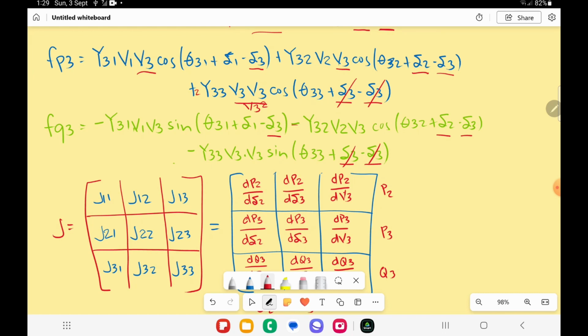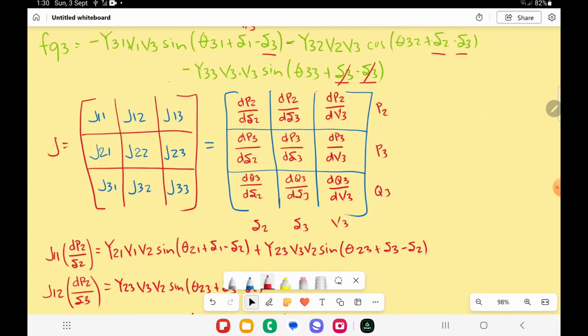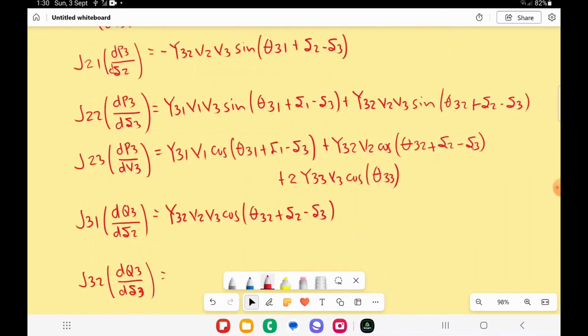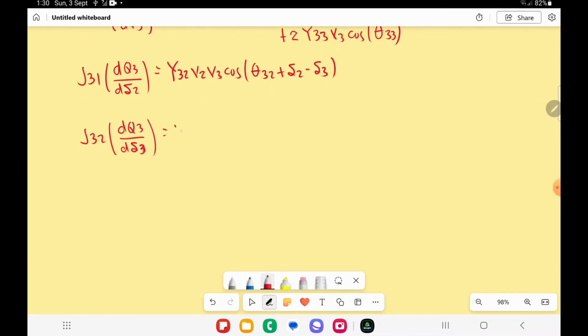So in the first term, we have negative delta 3, but the derivative of sine is positive cosine. So negative is positive. So this is y31 b1 b3 cosine theta 31 plus delta 1 minus delta 3.